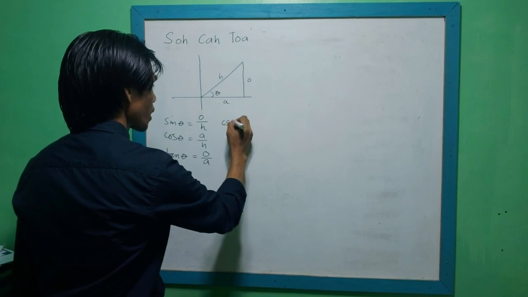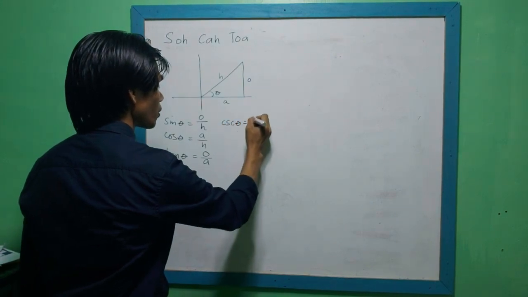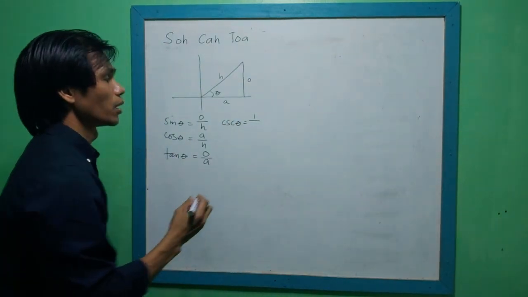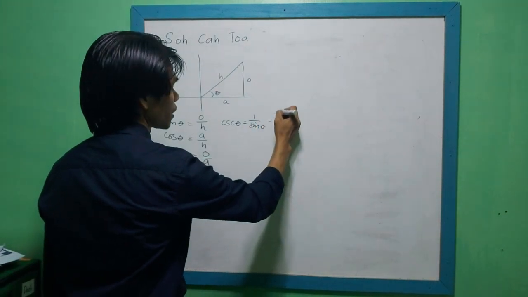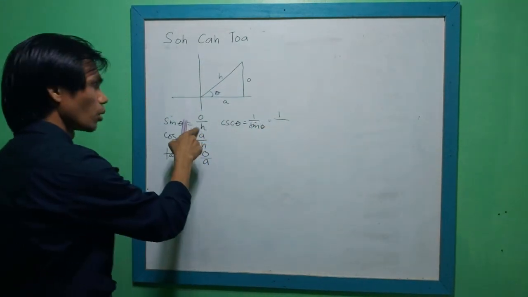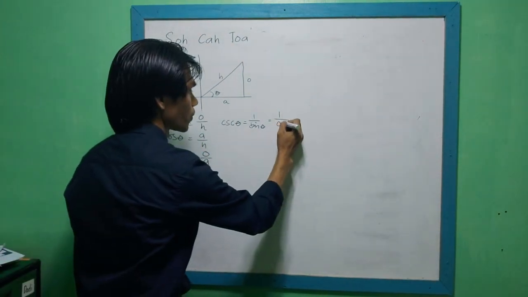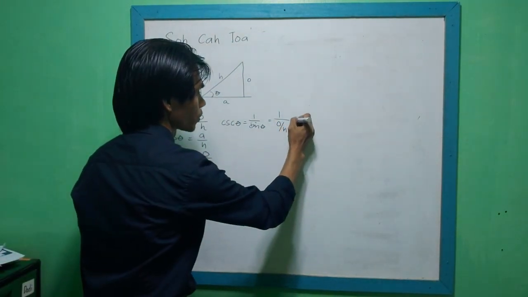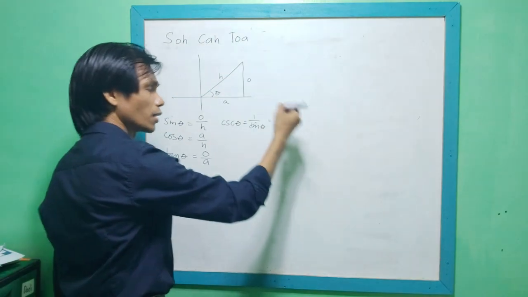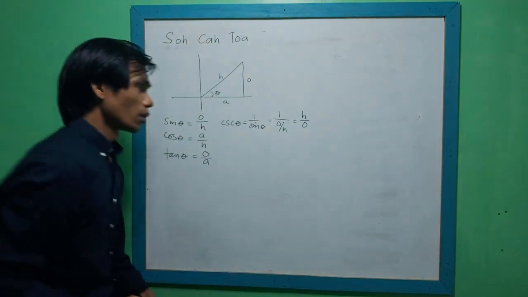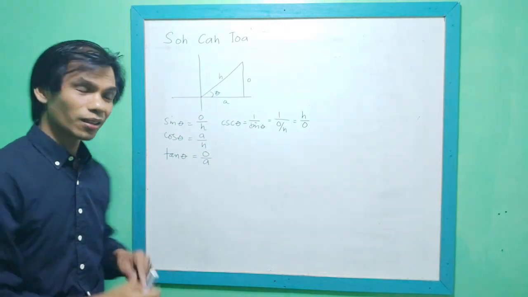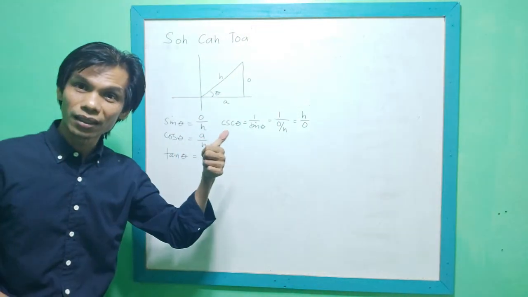So, cosecant of theta is equal to 1 over sine of theta. And that is 1 over, ano yung sine? Opposite over hypotenuse, di ba? Therefore, pwede natin ilagay, and that is H over O. Para mas madali, kung alam mo to, pagbaliktarin mo lang.